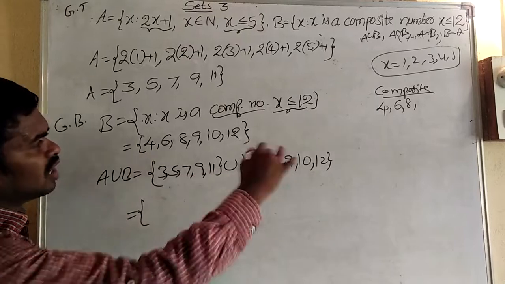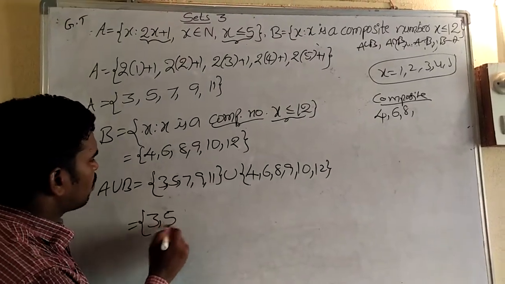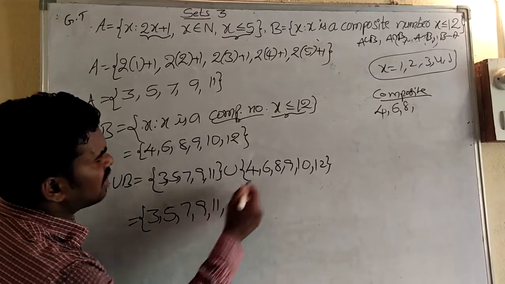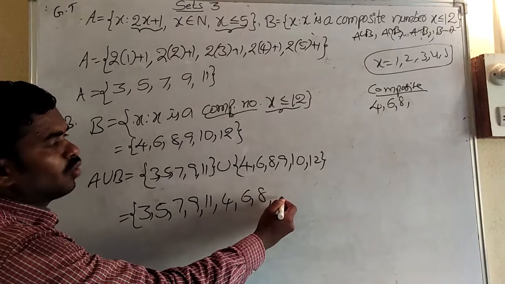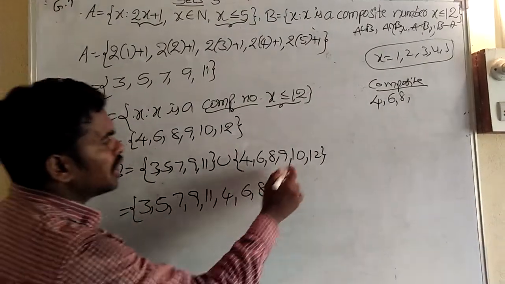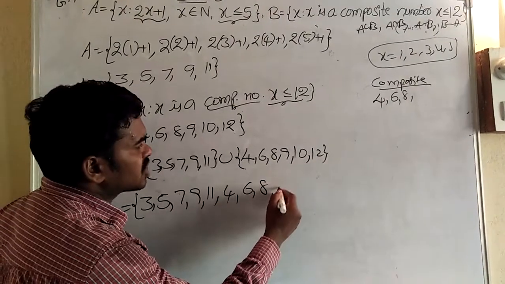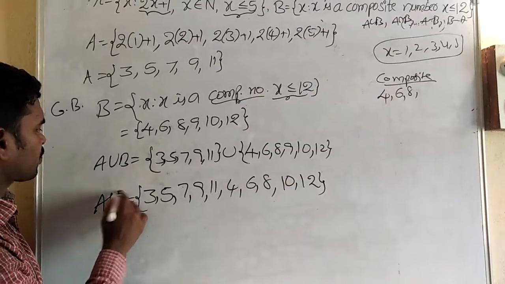Union means we have to write all the elements. Write them: 3, 5, 7, 9, 11, 4, 6, 8, 9. Don't write 9 again because it is already written. Then next, 10, 12. This is A union B.